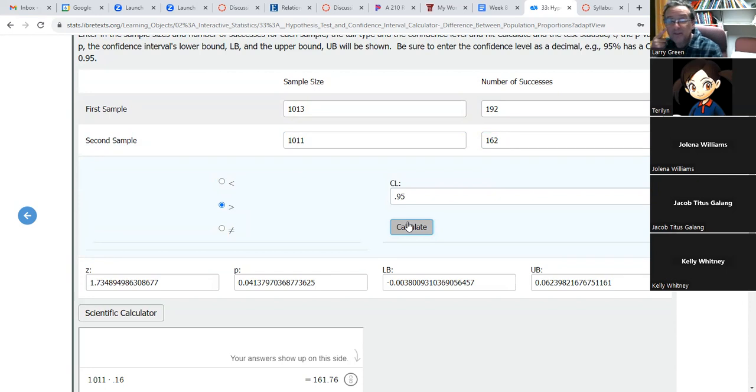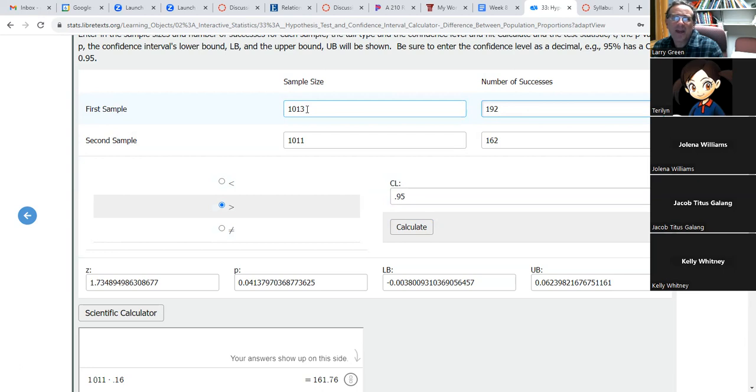And just a few notes. One is that when you're looking at sample sizes to make sure that this is reasonable, we have to make sure NP and NQ are both bigger than 5 for both groups. So notice NP is 192 for the first group.